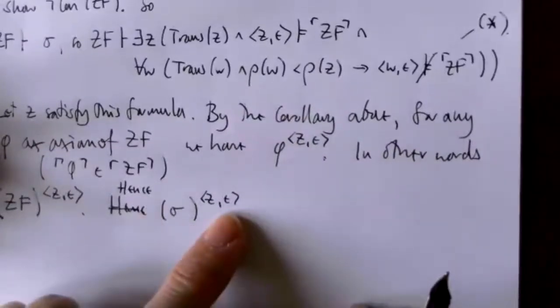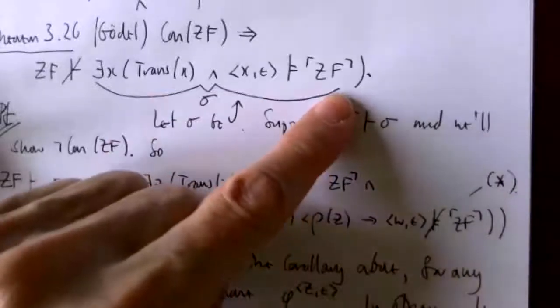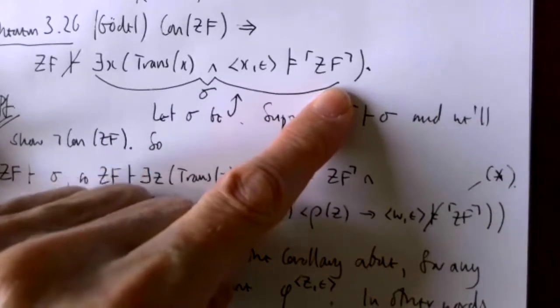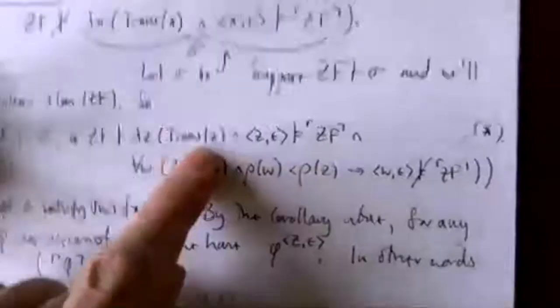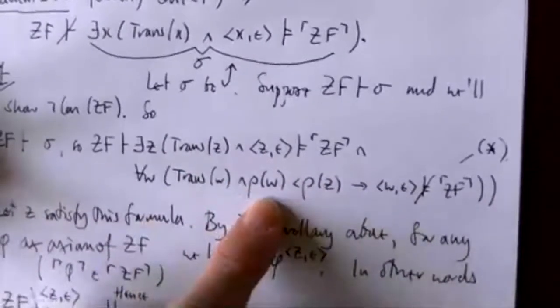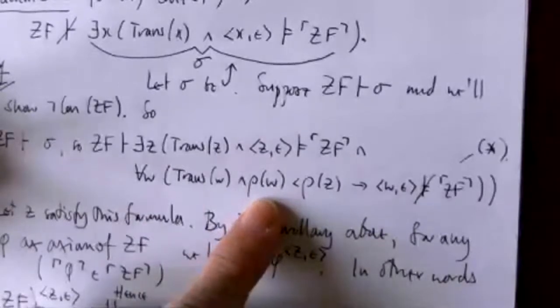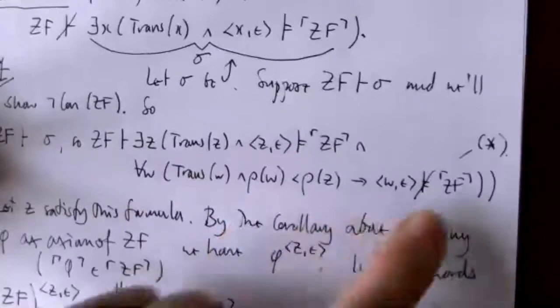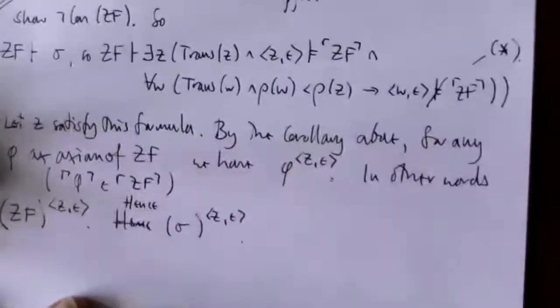Sigma holds in Z, but sigma asserts the existence of a transitive model of ZF. And there can't be any such elements in Z because Z was chosen specifically so that there were no such W's of smaller rank than that of Z. And any W in Z that was a model of ZF would have to have smaller rank. And this is what the contradiction will be.